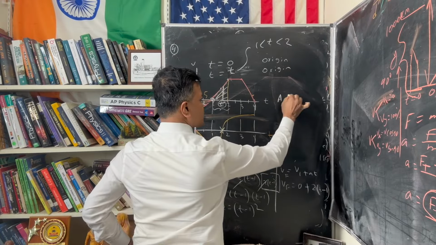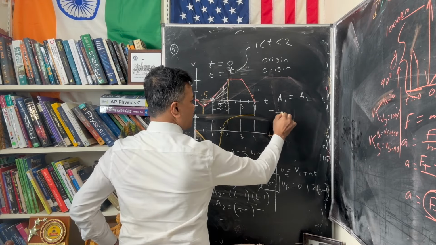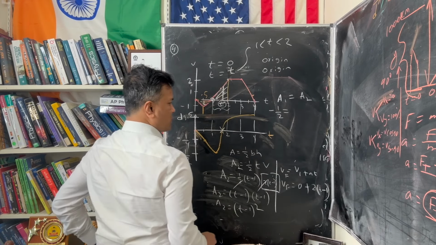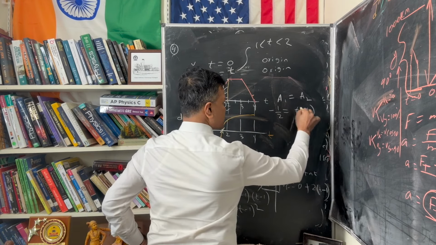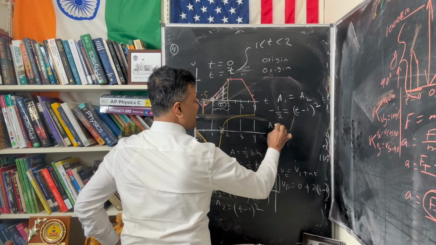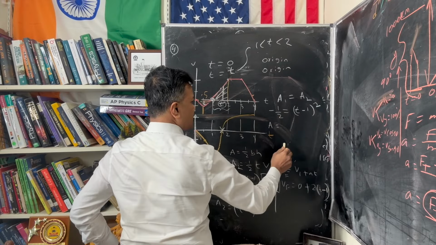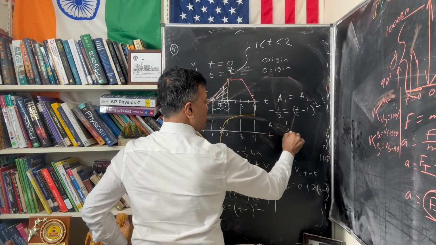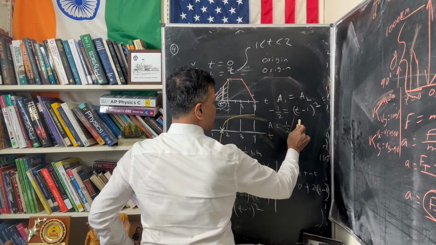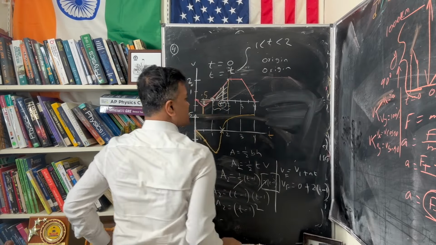So area 1 has to be equal in magnitude to area 2. Area 1 is negative half, and area 2 is t minus 1 squared. Okay, so what is the total area? You're going to send this one to the other side. So what is the area?